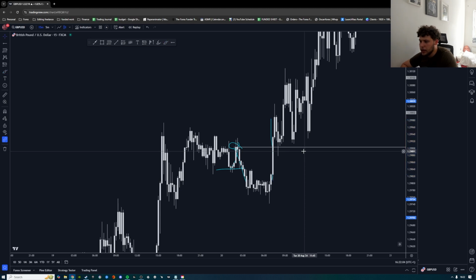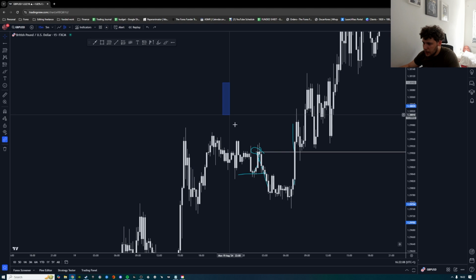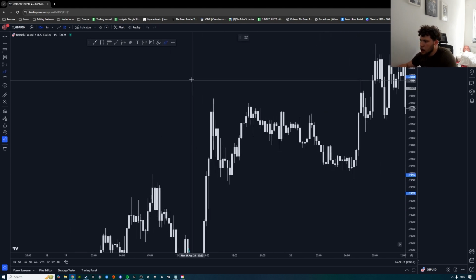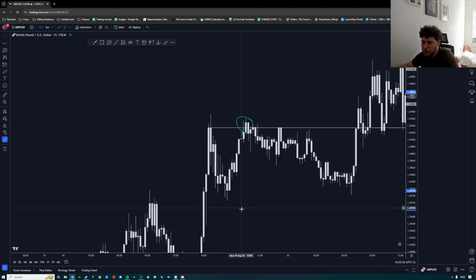That's a good break. However, where I would not want to be buying is in a situation like this, right here. What do we have? Well, we have this high, and what do we do? We push above it, correct. But is there much momentum? If you look at that compared to the break here, not as much momentum.